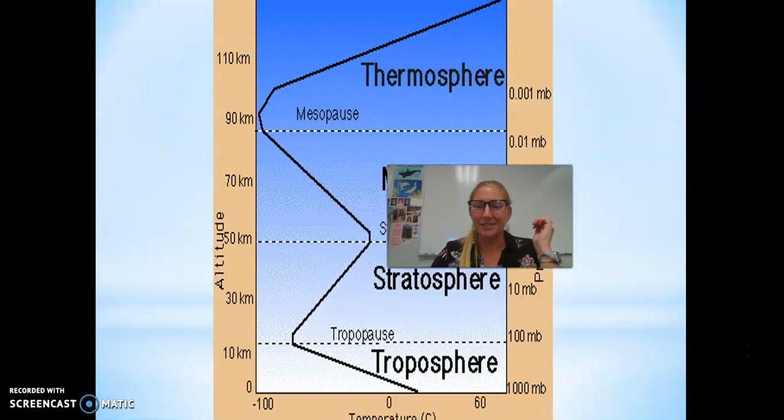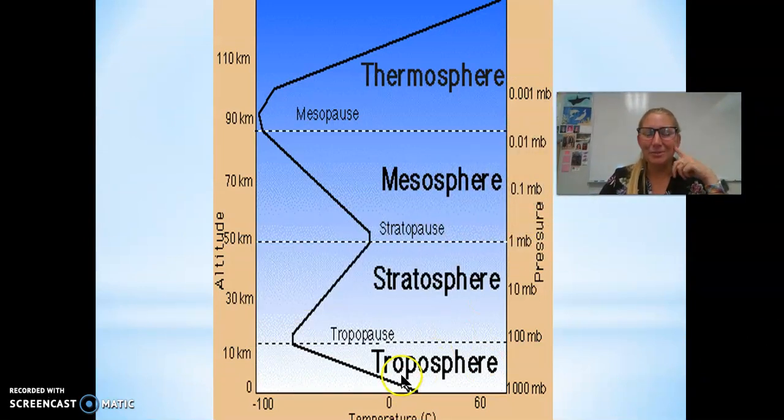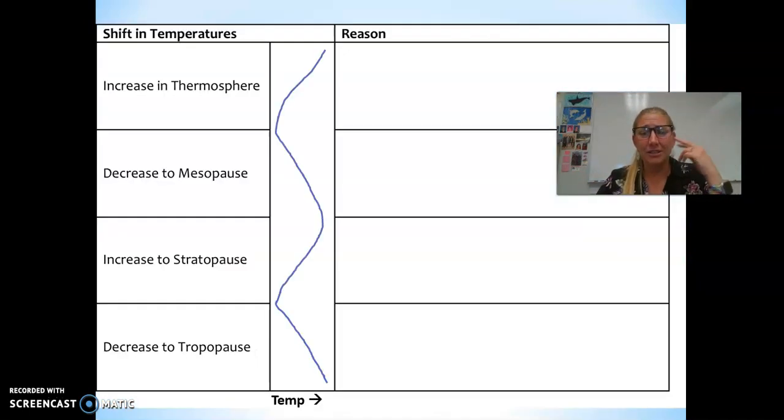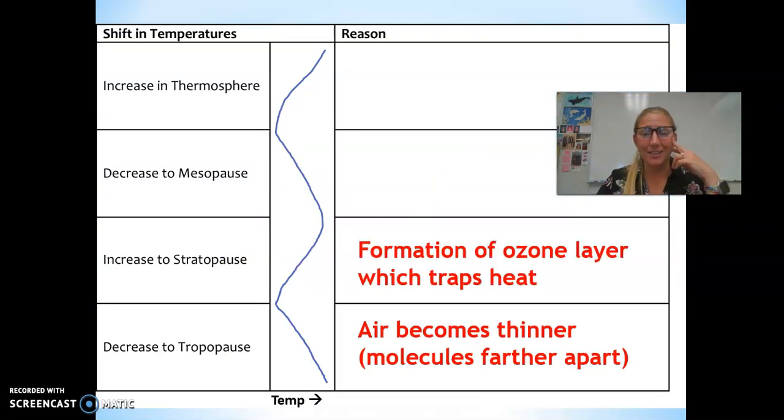Another graph showing the same thing, how temperature is changing with altitude. Temperature decreases in the troposphere, and then it increases again in the stratosphere because there's more heat being trapped, and so on and so on. So just be aware that temperature is changing with altitude, and it changes in each of the layers.